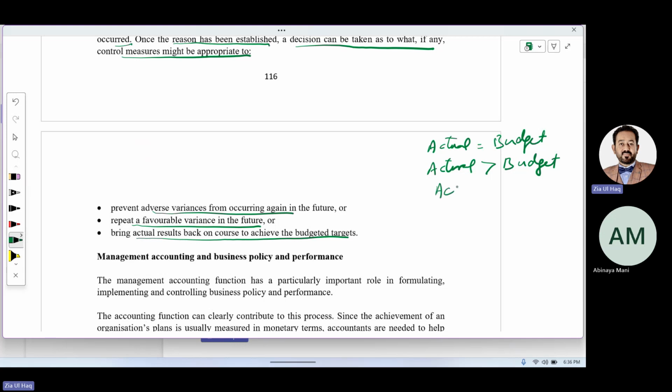Obviously, actual lesser than budget is bad. What is better? If actual are equal to budget. Slightly above budget, that's fine. But too much above budget, this means you have used more resources.